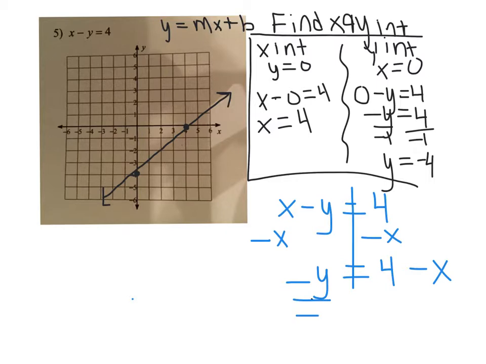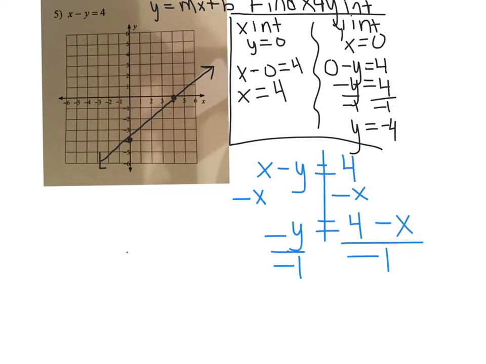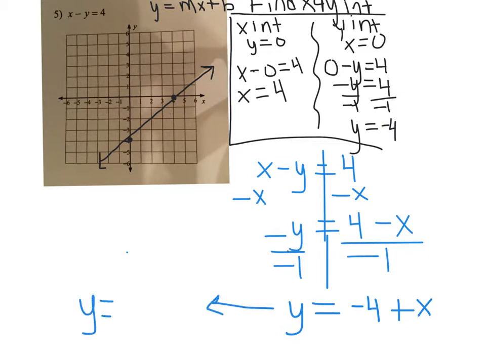There's a -1 in front of my y, so I'm going to divide by -1 on both sides. And now that I've done that, I'm going to get that y equals, both things have to get divided by a -1. So 4 divided by -1 is -4. Negative x divided by -1 is a plus x. And we can rewrite this one more time. So it looks like y equals a positive x minus 4.